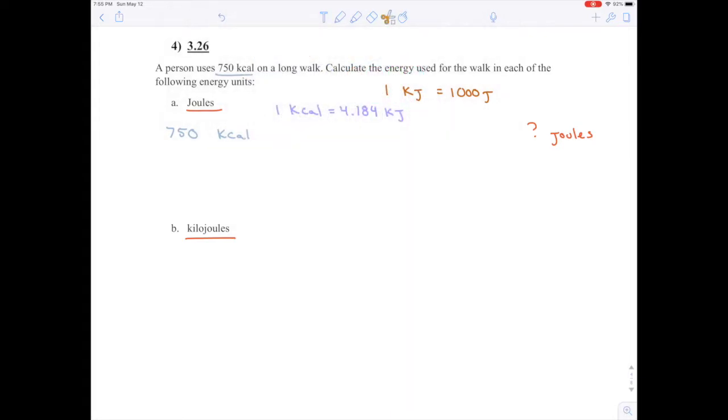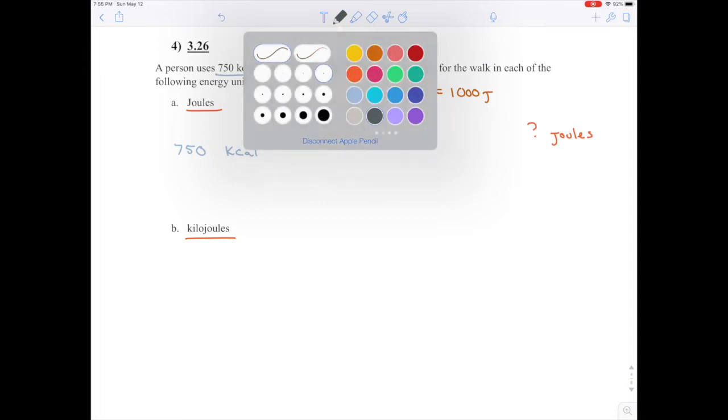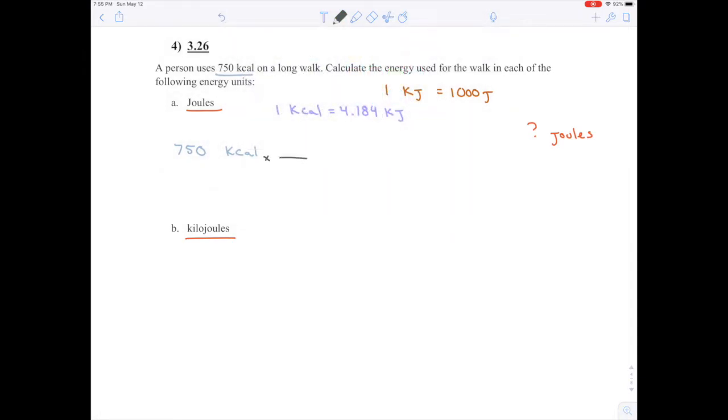So to do the conversion, you can take the number they give you. Every time you do a conversion, write a multiplication sign and a fraction bar. And the unit that you start with on top goes on the bottom of the fraction. So here that's kilocalories. Now, in our conversion factor, the one conversion factor that has kilocalories is this purple one.